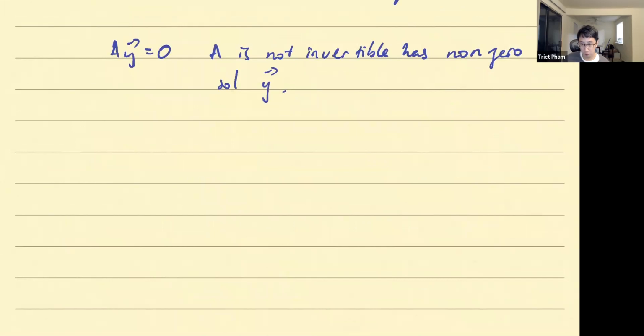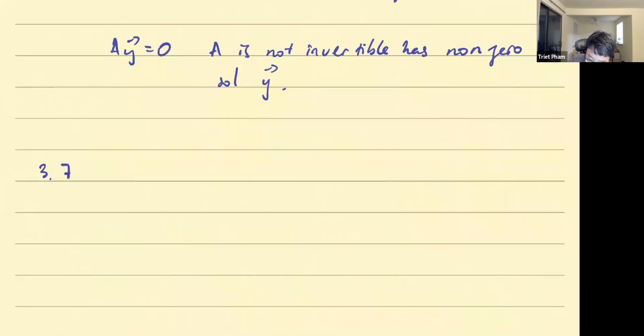All right, so this is all I want to say about the TD plane, about this section. The next one is 3.7. The textbook called it the three-dimensional system.